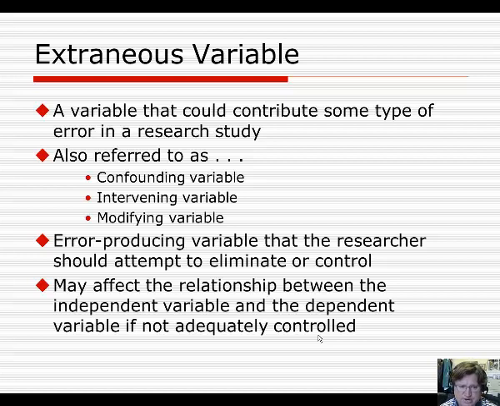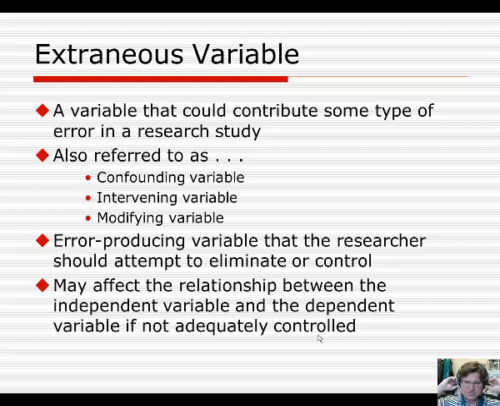But there's a trade-off here, because the more we try to control these other variables, the more we move towards highly controlled lab settings. And the more we move to highly controlled lab settings that control for extraneous variables, the more we move away from real-world situations and our ability to generalize.